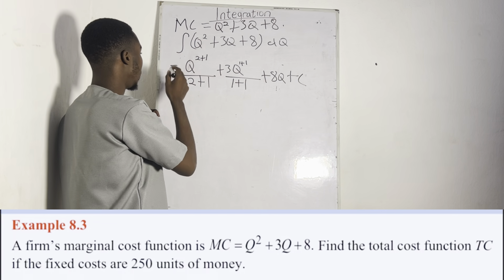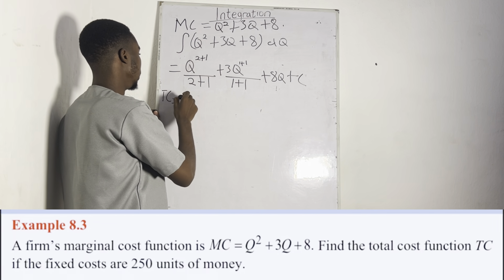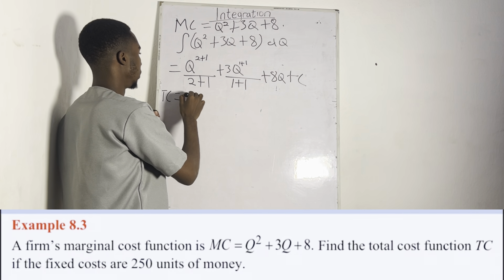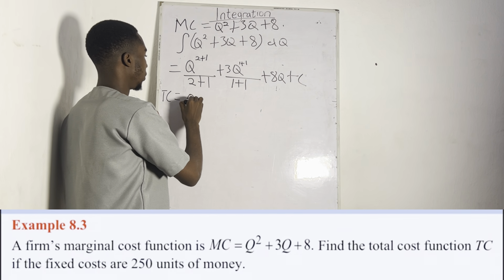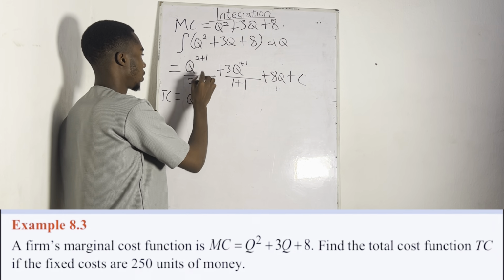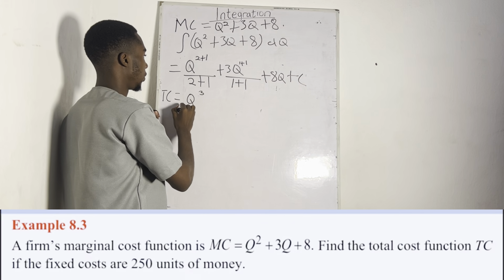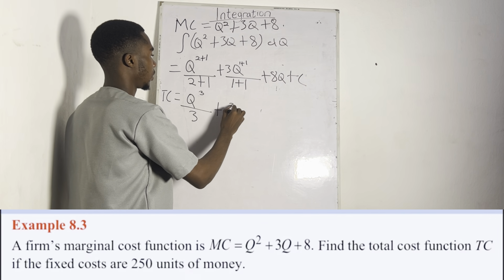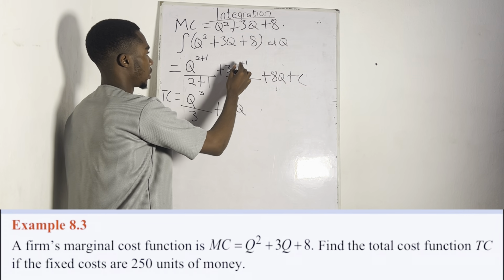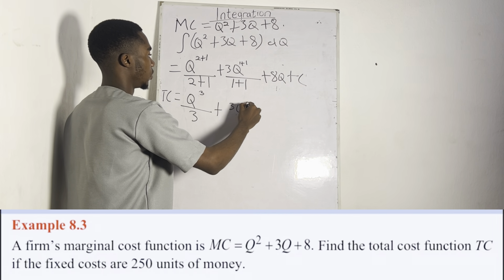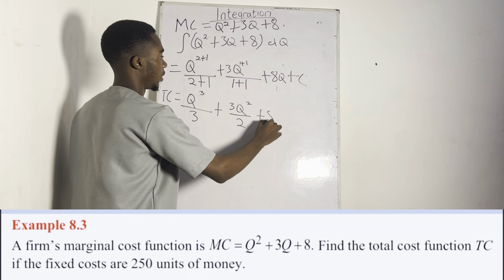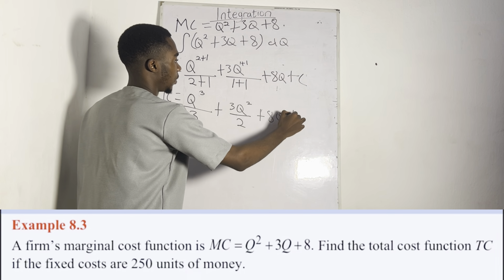So our total cost function will be q exponent 2 plus 1, which is 3, so q exponent 3 over 3, plus 3q exponent 1 plus 1. 1 plus 1 is 2, so over 2. Then plus 8q, then plus c.